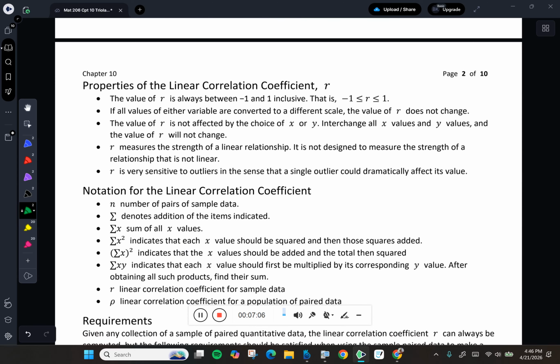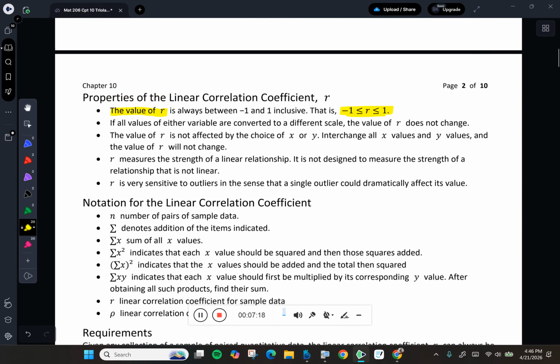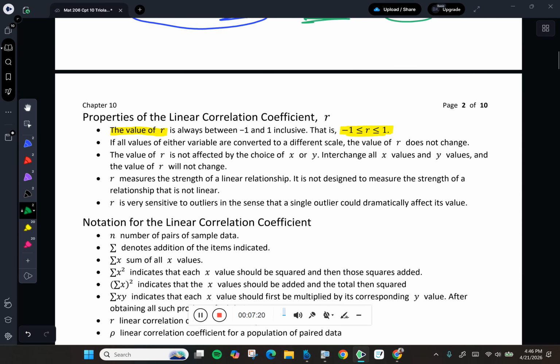The value of that correlation coefficient, the value of that linear correlation coefficient, is always between -1 and +1. It's always going to be somewhere on that interval. We ideally want something closer to the -1 or to the +1 end of that scale with 0 in the middle.